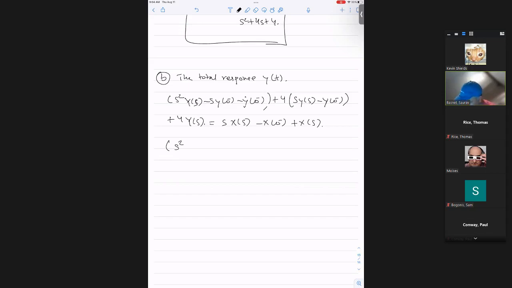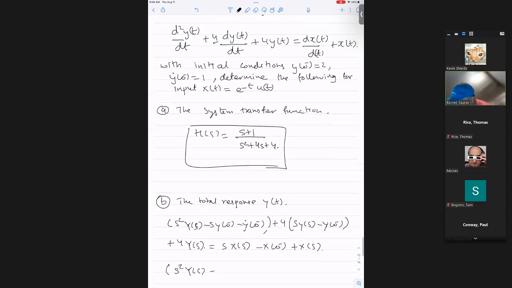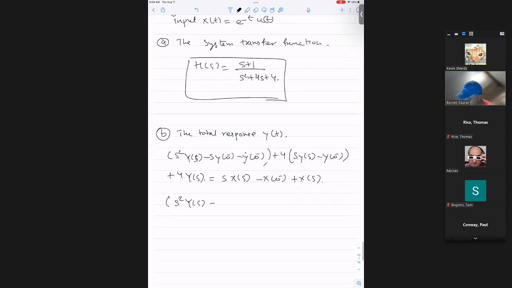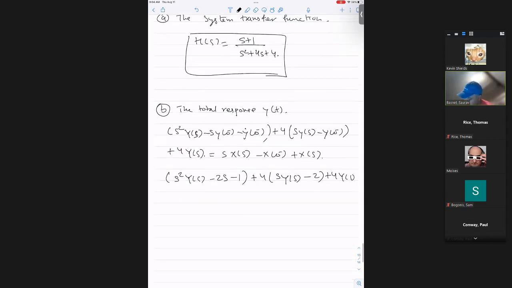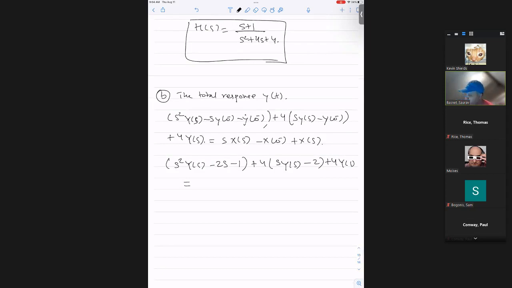So s squared y(s). So what is our initial condition? y(0-) is 2. So it is s times 2, so it will be 2s. y dot (0-), the initial condition, is 1. It will be 1 for s y(s) minus 2, that's the initial condition, plus 4y(s) equals x(s).